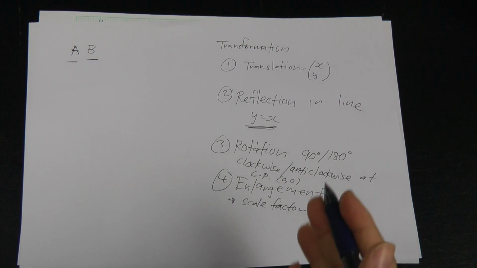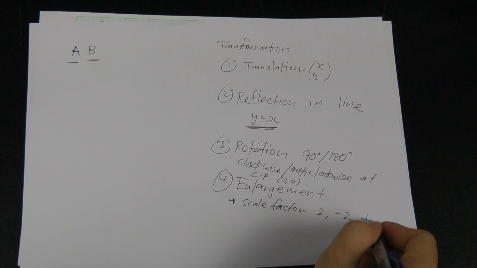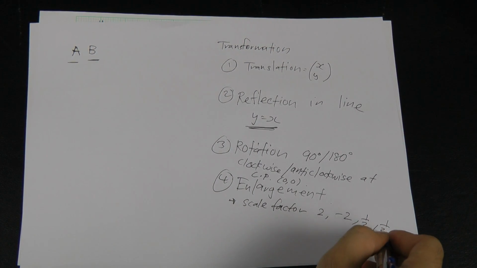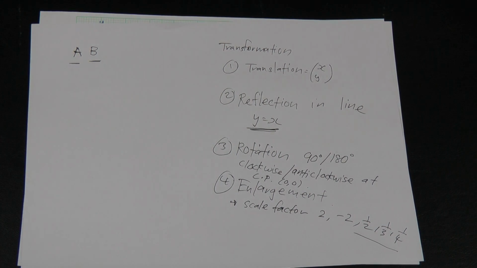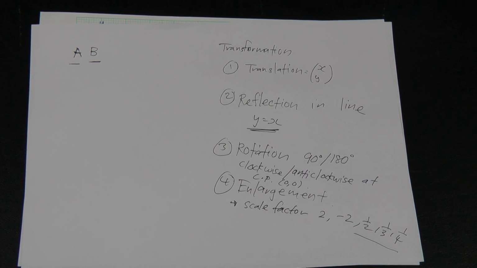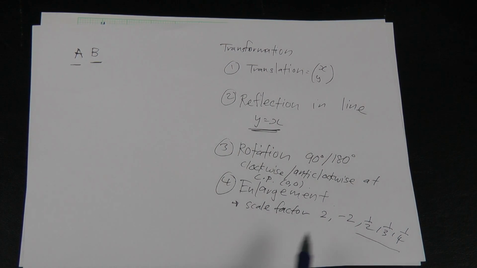How about if the object becomes smaller? Then your scale factor will be something like 1/2, 1/3, 1/4. In this topic, even if the object becomes smaller, they still call it enlargement, but the scale factor should be between 0 and 1.